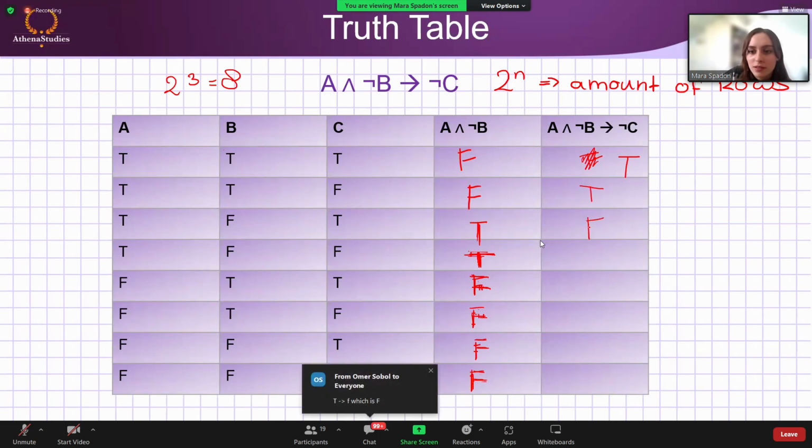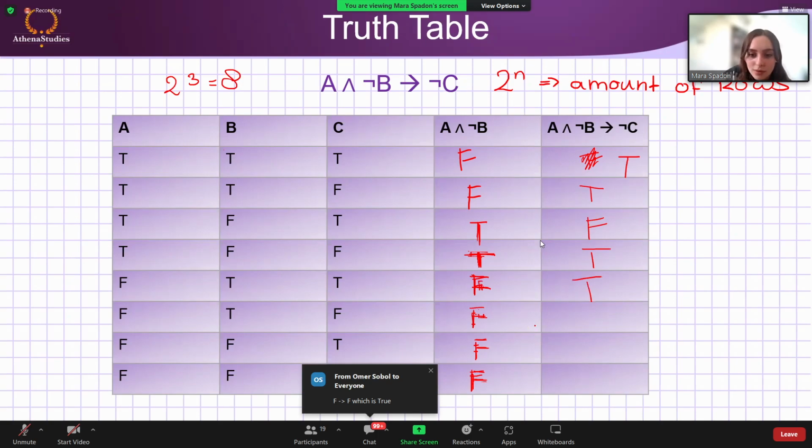False, great. Yes. Then we have true implies true. Yes. Then we have false implies false, which is true. Yes, exactly.